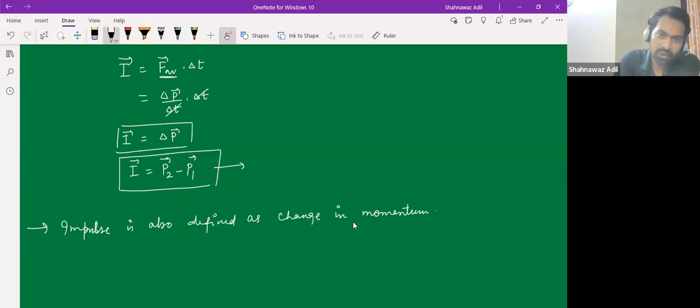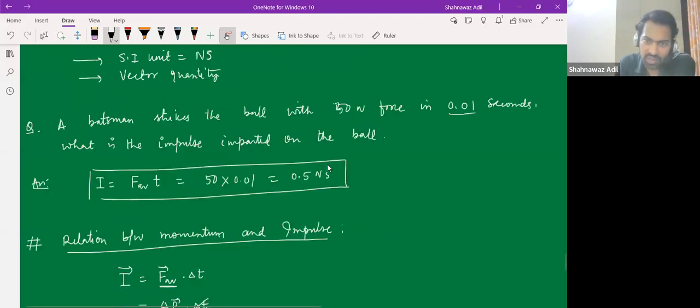Right? So you can see from here, what is the unit of impulse? Newton second. And what is the unit of momentum? F is dP by dt, so this is Newton and second.